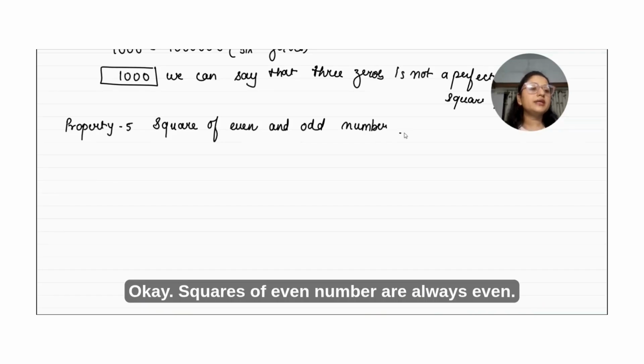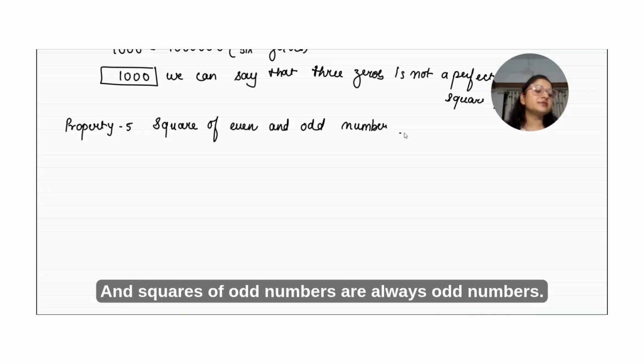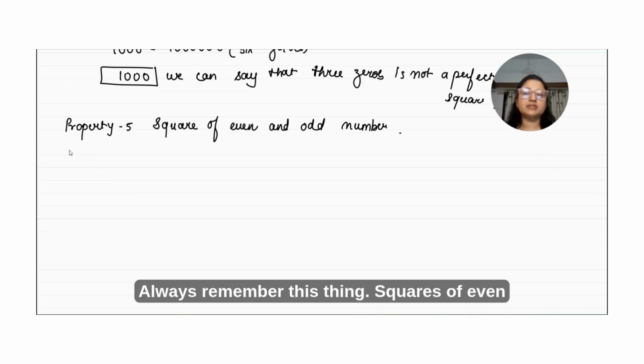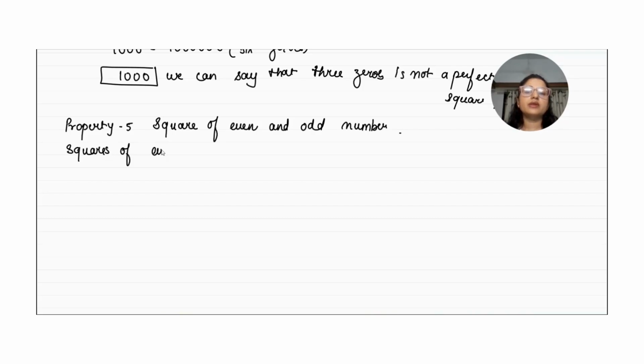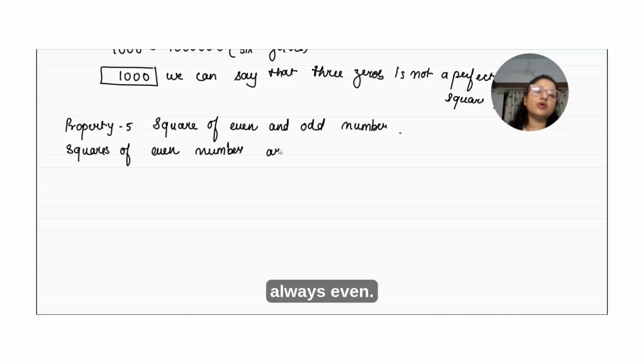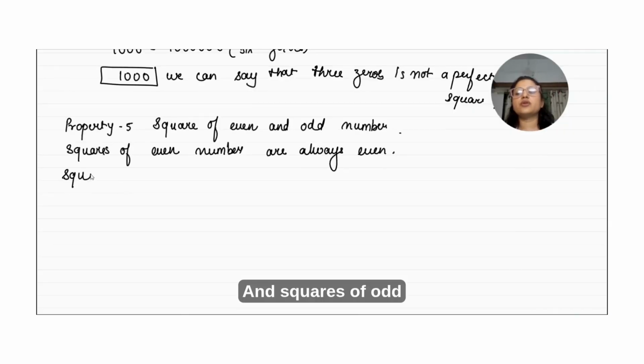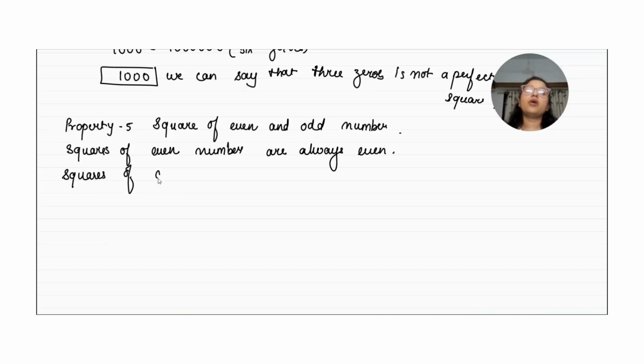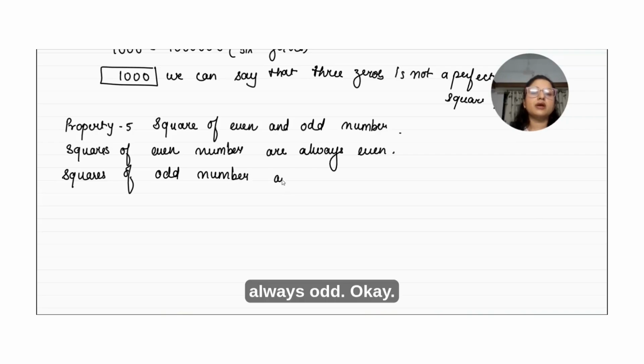Squares of even numbers are always even and squares of odd numbers are always odd. Always remember this.